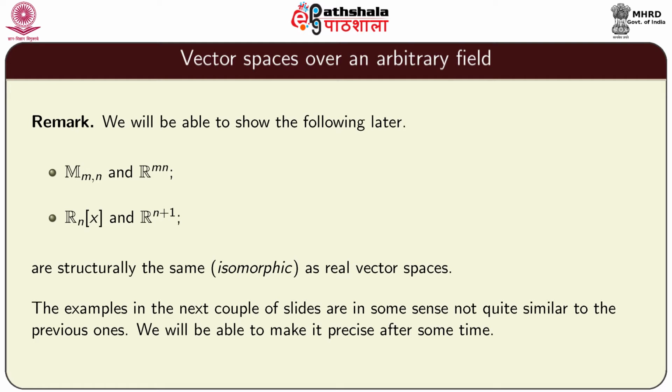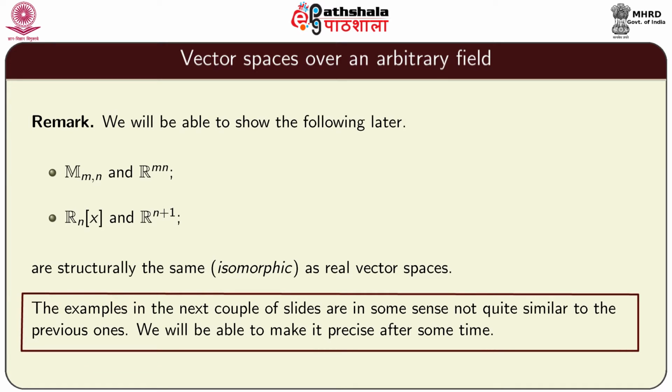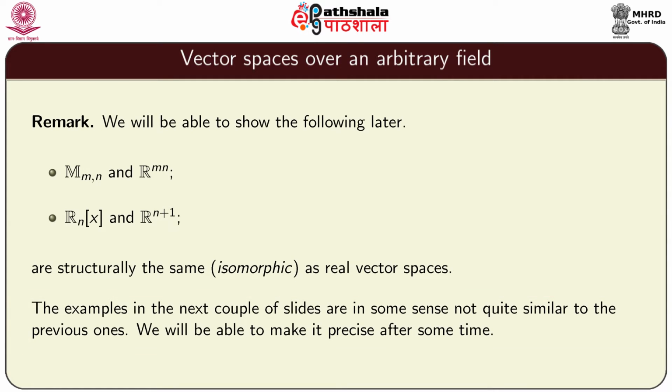Now, this comment is again something which will be substantiated later. The examples in the next couple of slides are in some sense not quite similar to the previous ones. We will be able to make it precise after some time. Let us see what we mean by this.